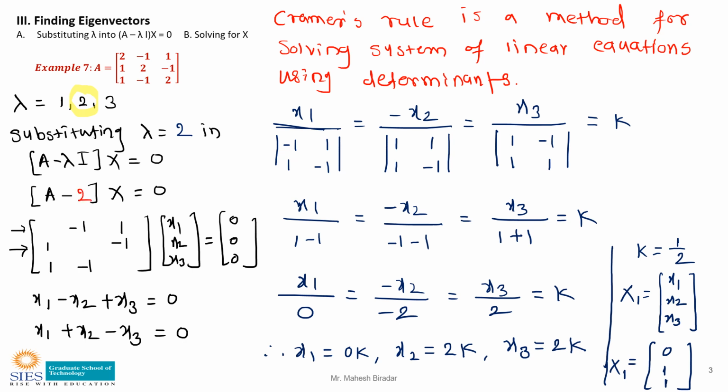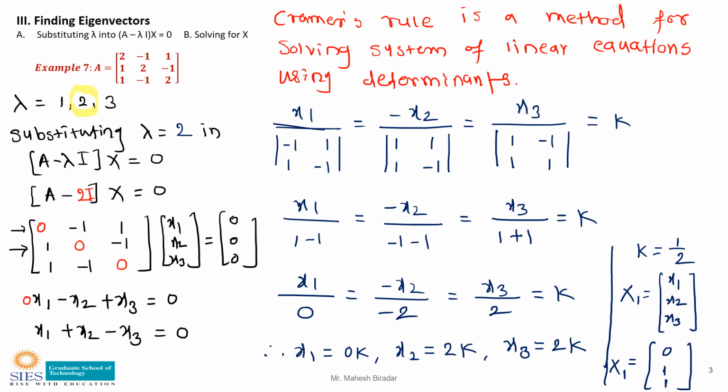Then A minus 2I into x is equal to 0. So you need to subtract 2 from diagonal elements. So you'll get here 0, 0 and 0 diagonally. Now you can form the equation. So 0 into x1 minus x2 then plus x3 is equal to 0, first equation.